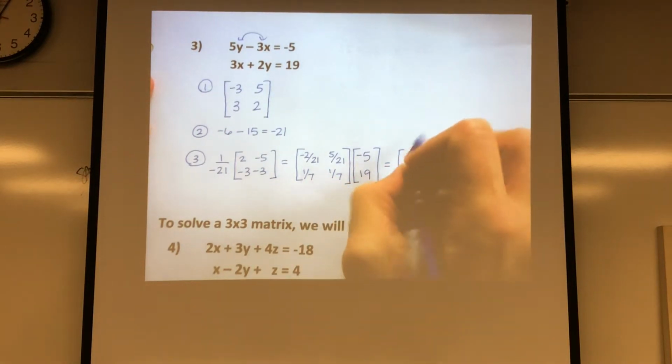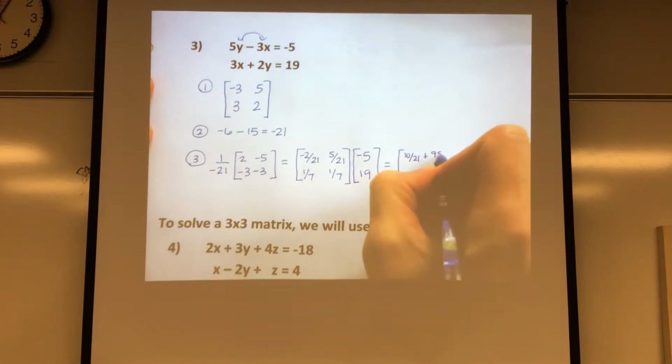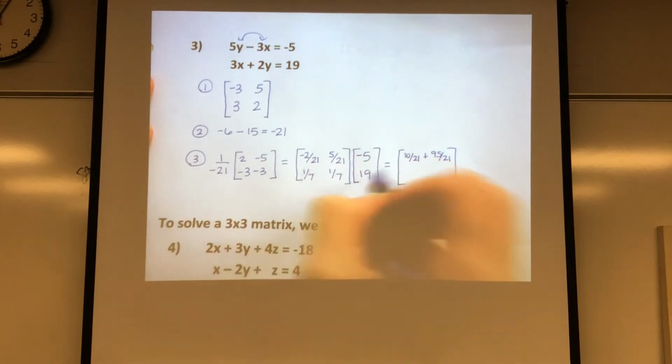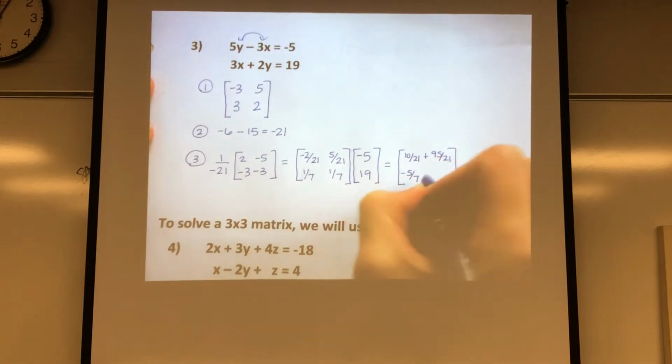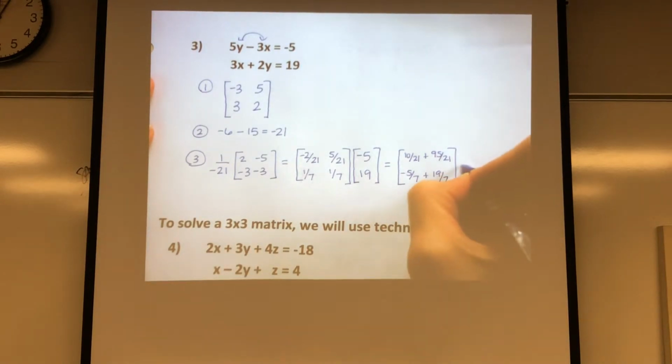So we're going to have some more fractions here. 10/21 plus 95/21 when we multiply first row times first column. And then -5/7 plus 19/7. Simplify all of that.